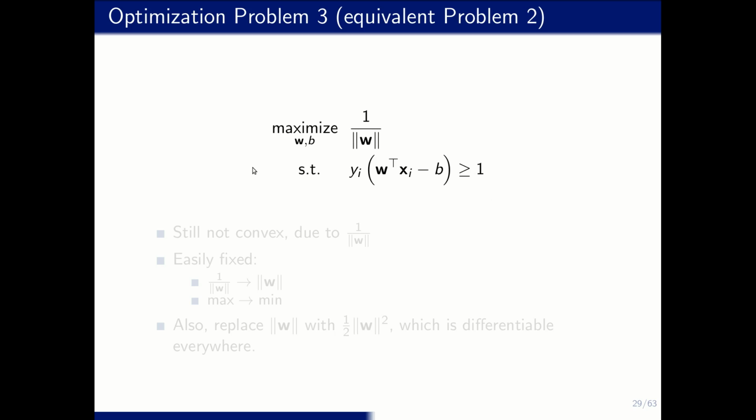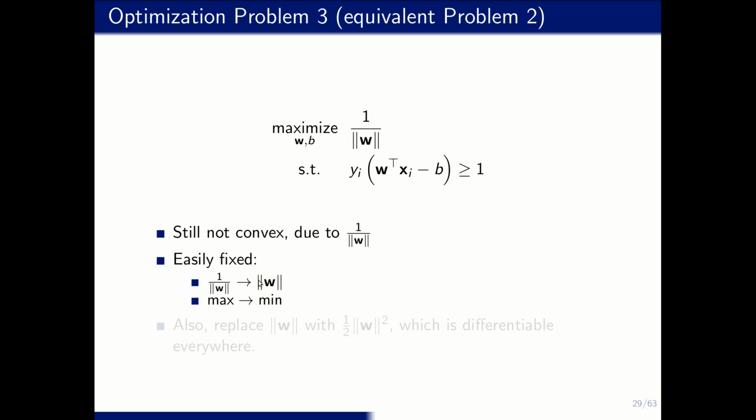Unfortunately, this is still not convex due to the objective term, since 1 over the norm of w is not convex. However, we can easily fix this because maximizing 1 over the norm of w is equivalent to minimizing the norm of w. So we change 1 over the norm of w to the norm of w, and maximization to minimization. And now we also do a minor tweak.